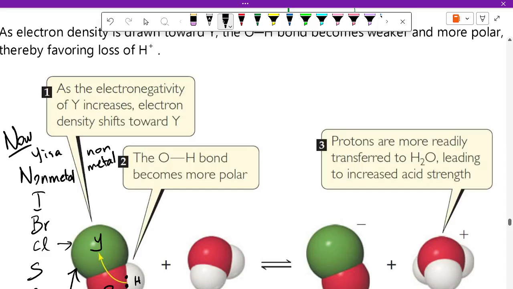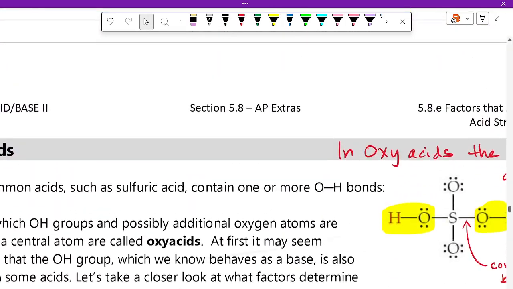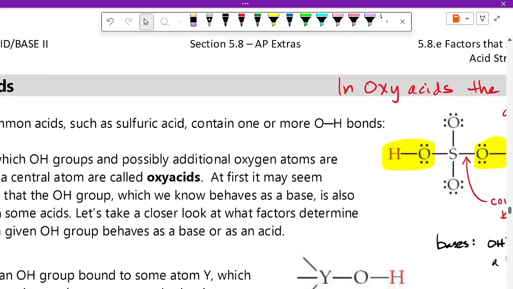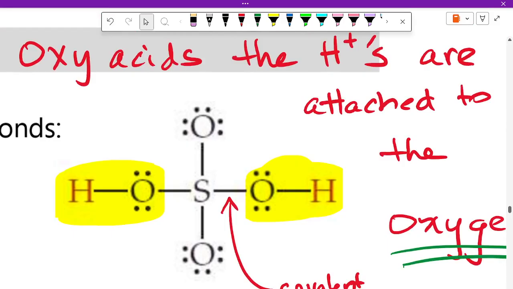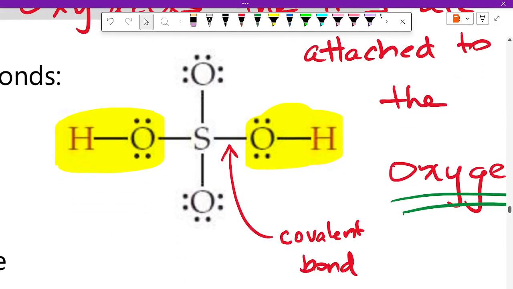How does a non-metal bond? Covalently, like with a pair of shared electrons. Yes, that is a covalent bond.